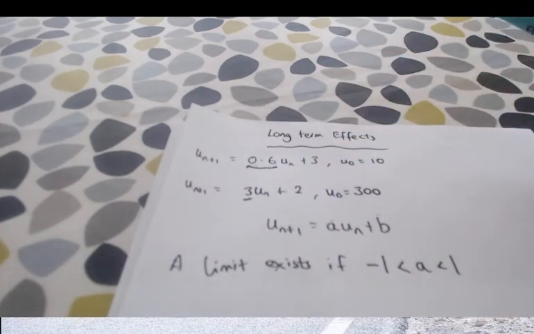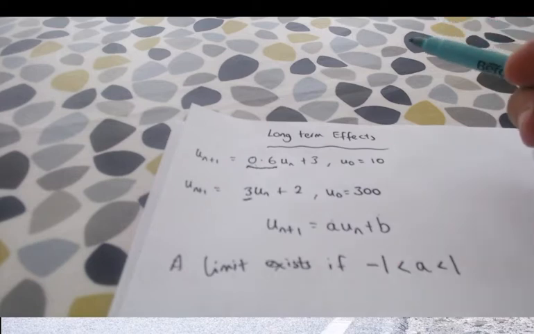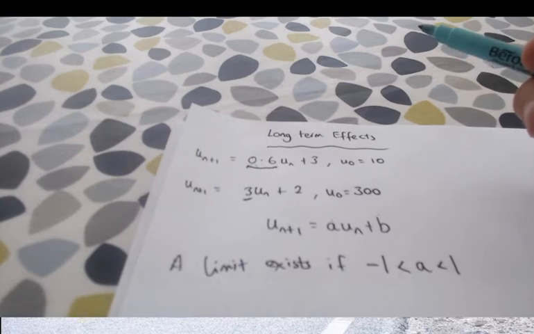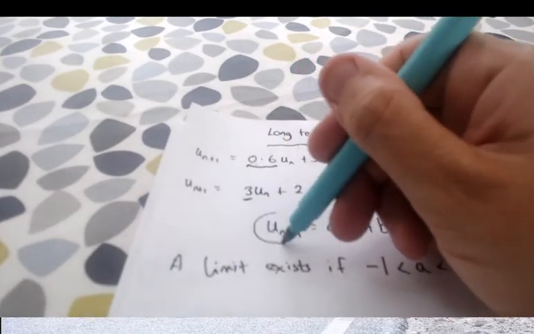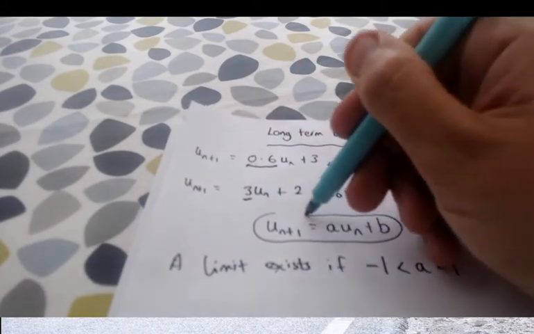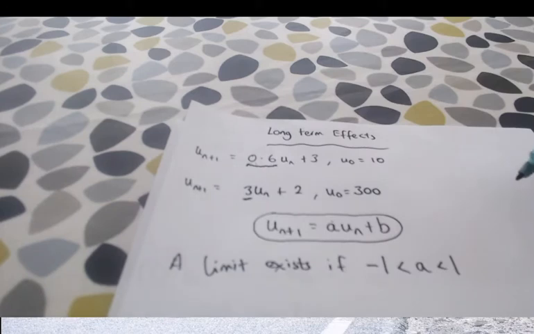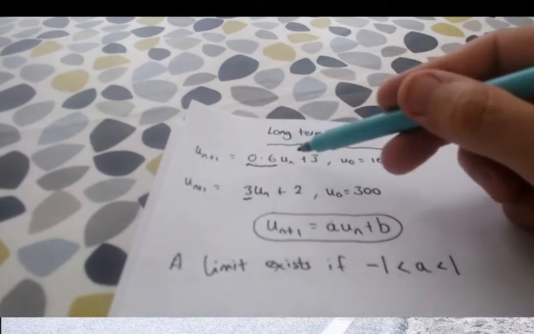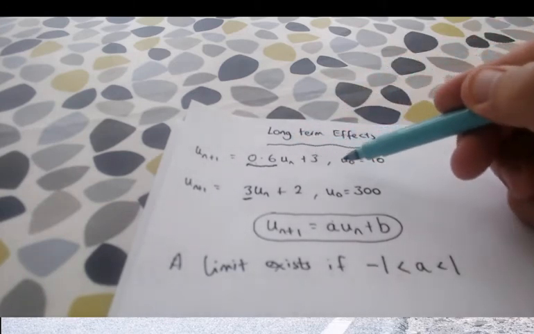Now I'm going to do a proof here to show you what the limit formula is going to be. This is at the point where most people give up and don't like it. But you've got more resilience than that, you're going to keep going. Right, I'm going to take this recurrence relation here. We just found out that in this top recurrence relation, if you keep pressing equals, you keep getting 7.5 as an answer.